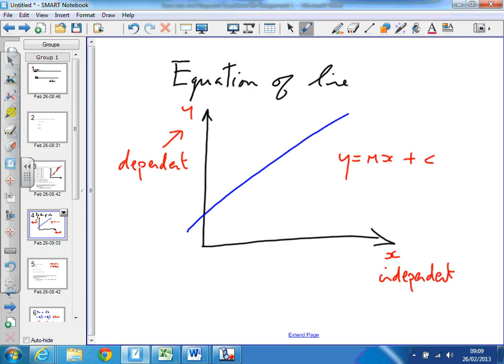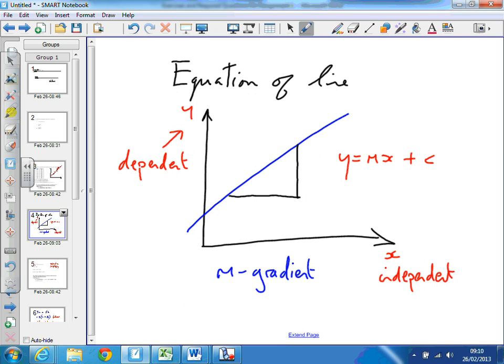Anybody then that has seen this before, tell us what m stands for? The gradient of the line. Good. m is the gradient. The slope. So if I've got a slope, I can choose any 2 points on the line and draw myself a triangle.